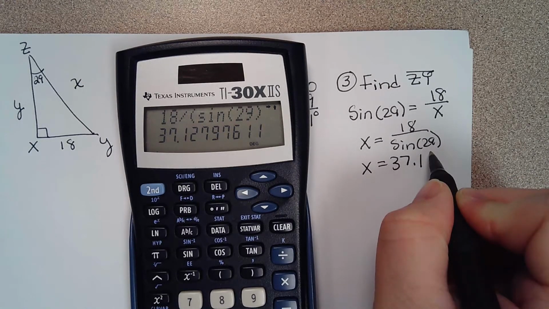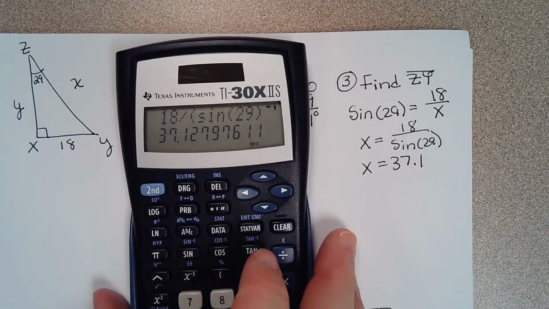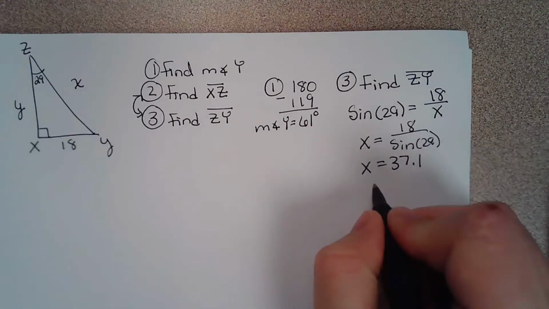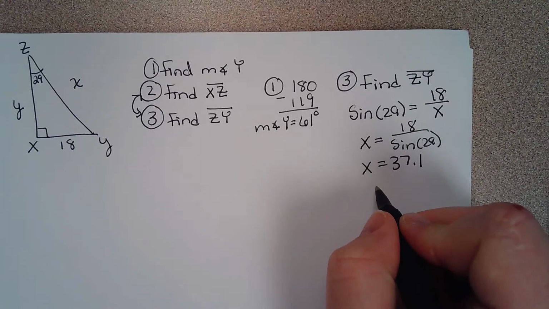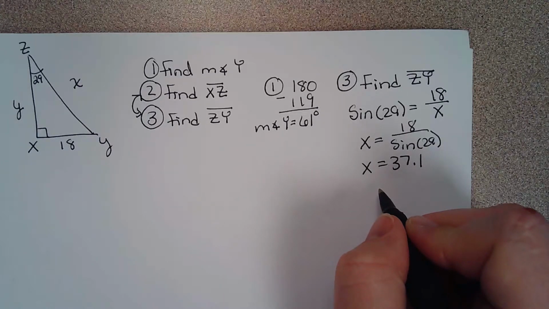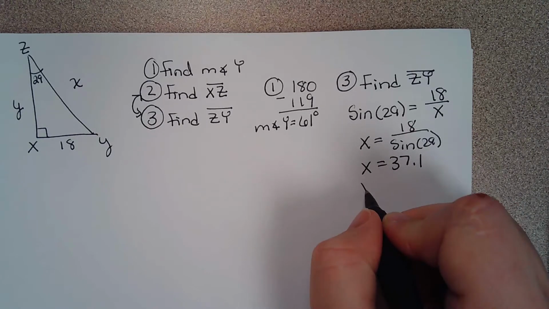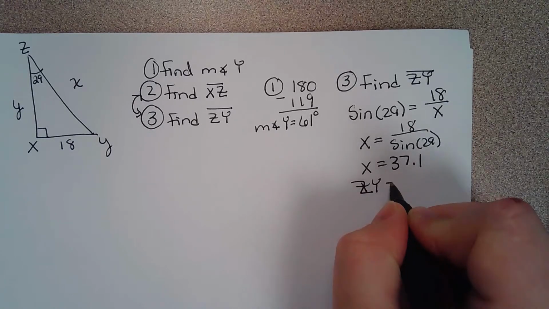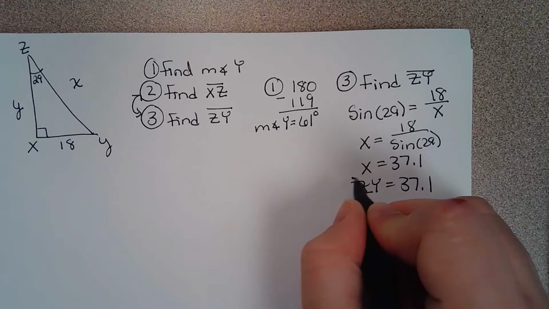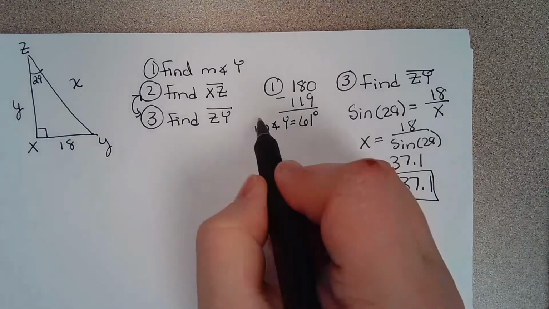Okay, so that's my length. Now, this is going to stand for your yz, or zy. So zy's length is 37.1. So there's one of your answers to the final question.